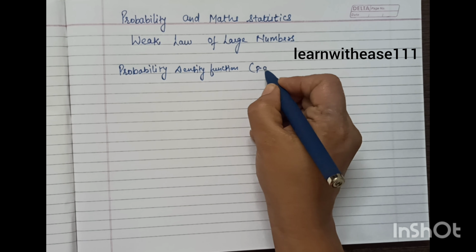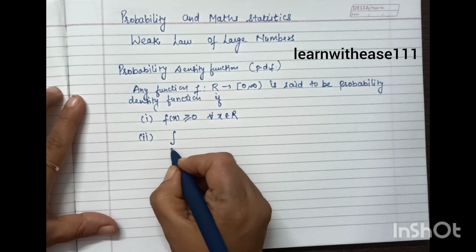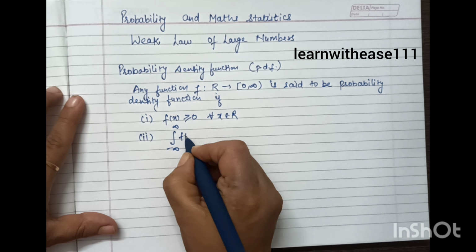First of all, the function is positive, or rather I should say non-negative, for all x belongs to reals. And secondly, the integration from minus infinity to infinity is 1. These two criteria must be satisfied by the function to be a probability density function.